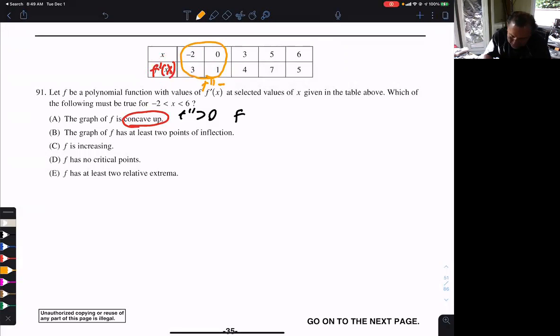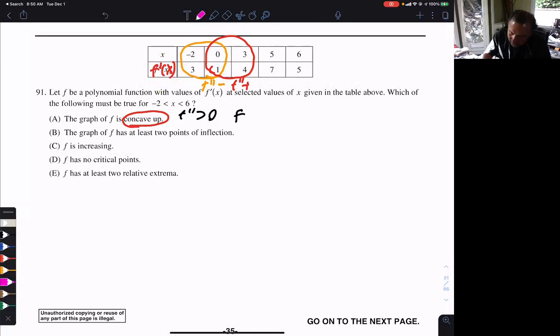Now look between these 2 points. If you find the slope between those 2 points, the average rate of change, f of b minus f of a over b minus a, it's going to be positive, right? So if the average rate of change between these 2 points is positive, by the mean value theorem, there must be a point where its derivative equals that positive slope. So the derivative of f prime is f double prime. There's got to be a place where f double prime is positive.